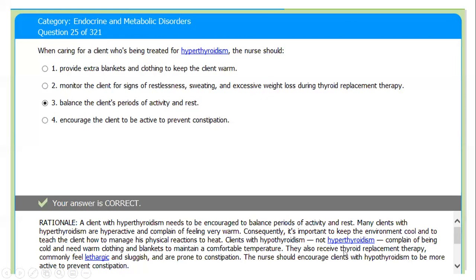They also receive thyroid replacement therapy, commonly feel lethargic or sluggish, and are prone to constipation. The nurse should encourage the client with hypothyroidism to be more active to prevent constipation.